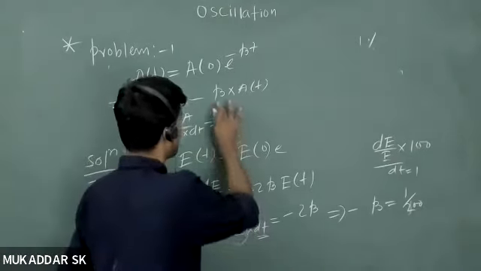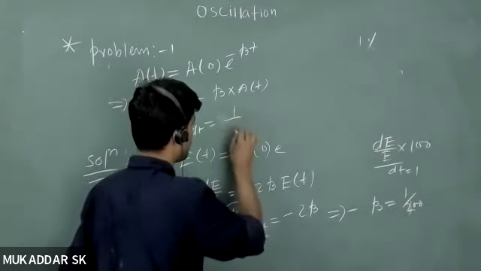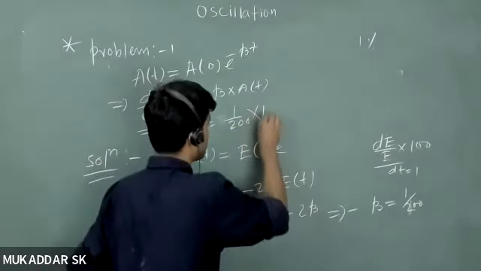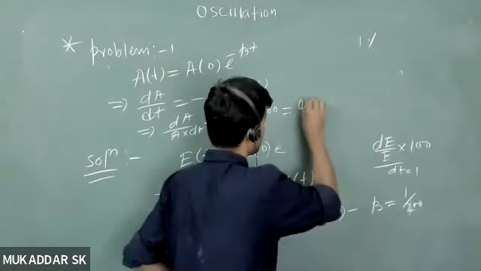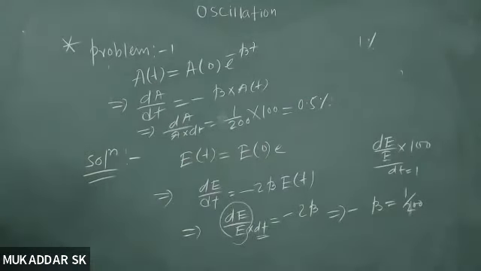We know minus beta is 1 by 200. Percentage means you multiply by 100, so 1 by 2 percent means 0.5%. So if the percentage of energy loss is 1% in 1 minute, the percentage of decrease in amplitude per minute will be 0.5%.